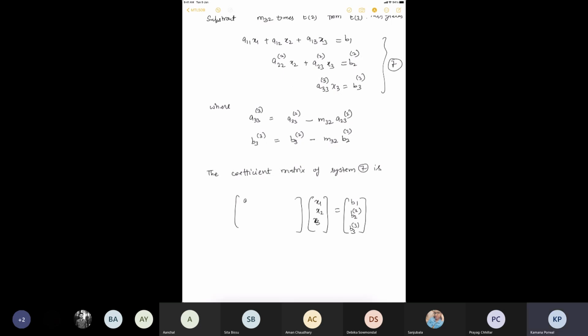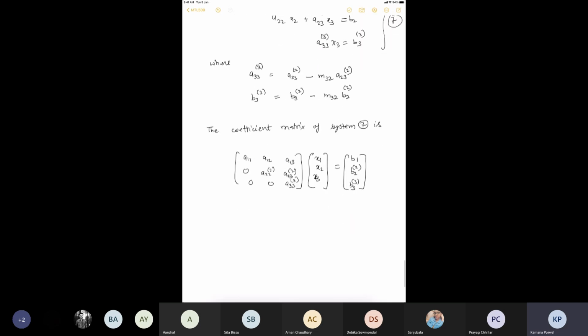So what is this matrix? This is A11, A12, A13, 0, A22, A23, 0, 0, A33. Right? So you can realize the structure of this matrix. This is an upper triangular matrix. Okay, so the coefficient matrix of system 7 is an upper triangular matrix.